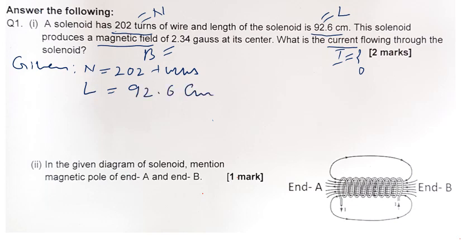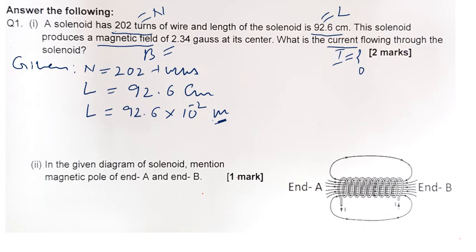So here the length you cannot take in centimeter, it should be in meter. So this value 92.6 is multiplied by 10 to the power minus 2, so this is meter. So the value of the L is 92.6 multiplied by 10 to the power minus 2 meter. This should be in meter.